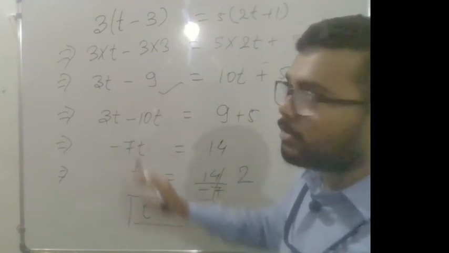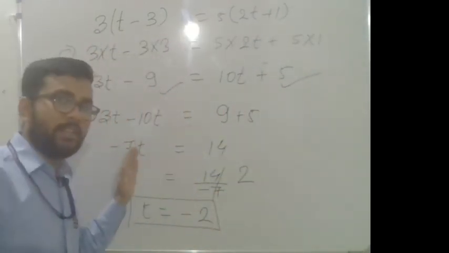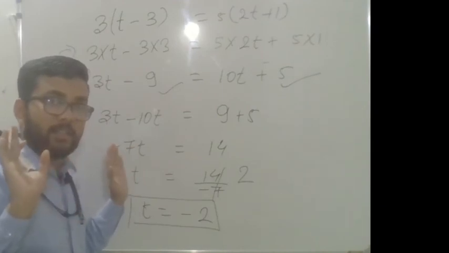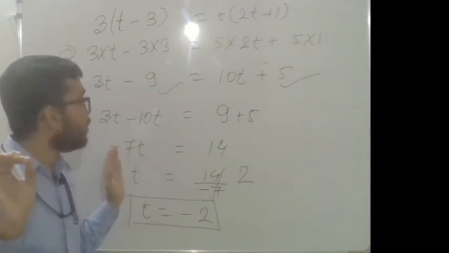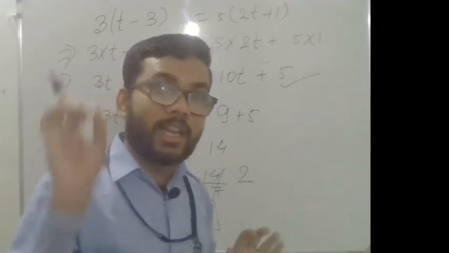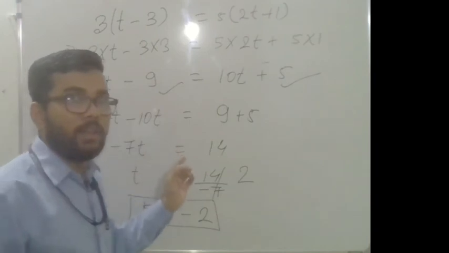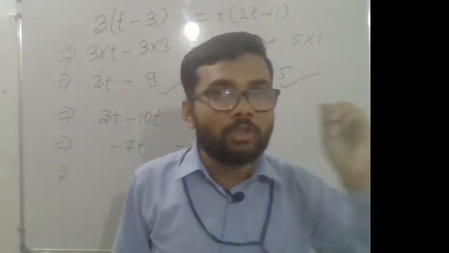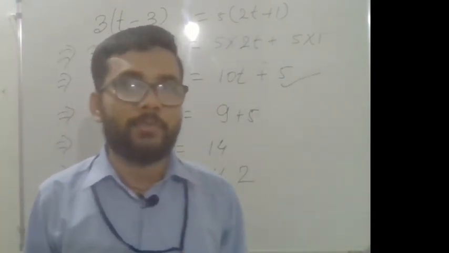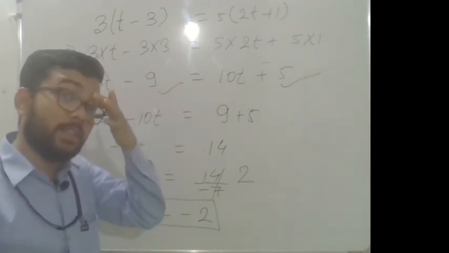Then you need to put all the variables on the left side after changing the sign. Keep this in your mind: when you transpose a term from one side to the other side, you need to change the sign also.